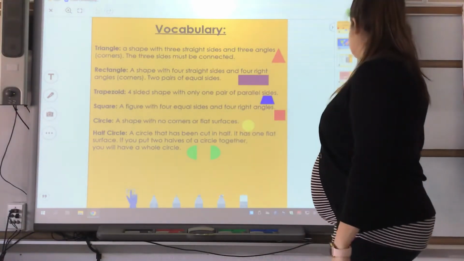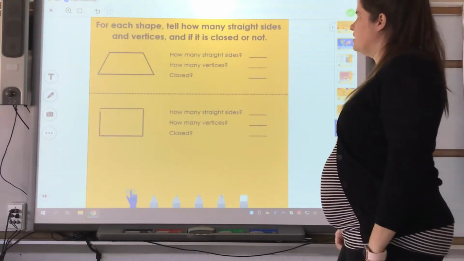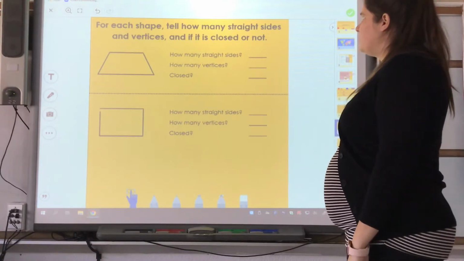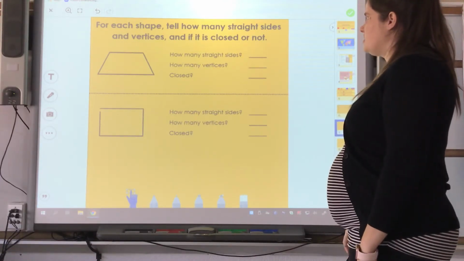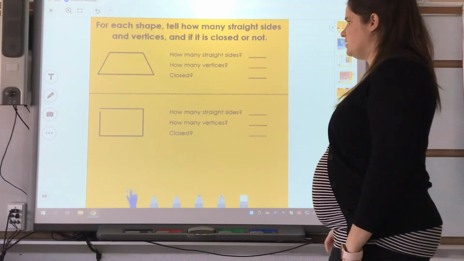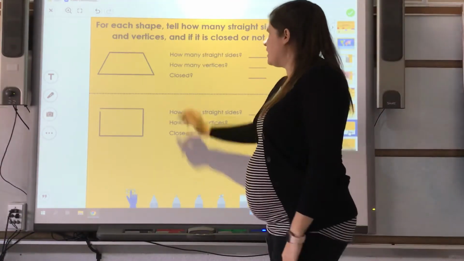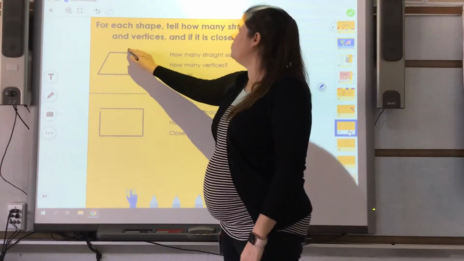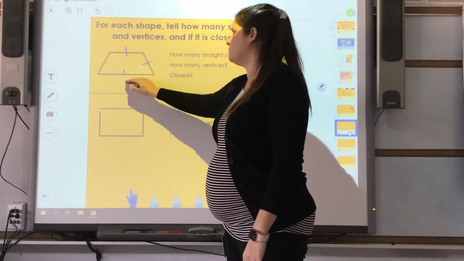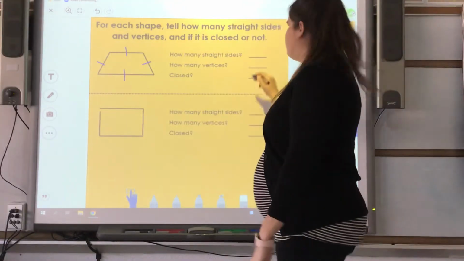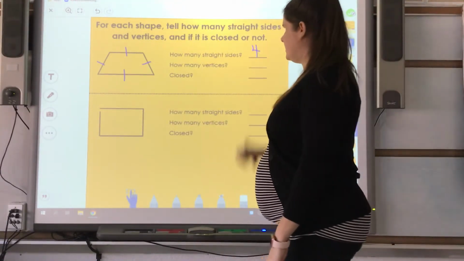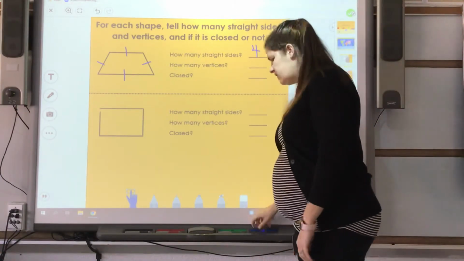So looking at each shape, tell how many straight sides and vertices and if the shape is closed or not. So looking at this first one, how many straight sides? 1, 2, 3, 4. 4 straight sides. How many vertices?